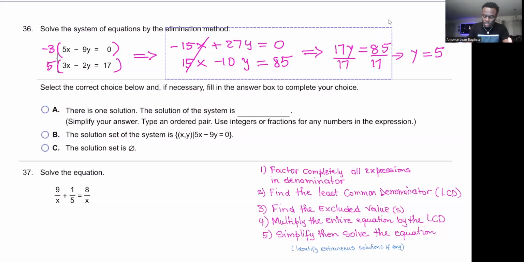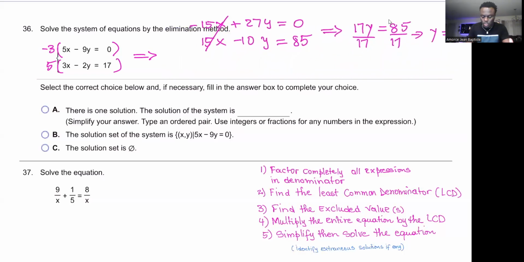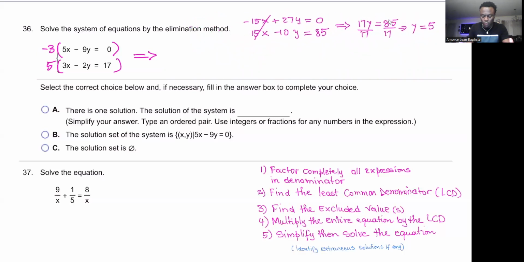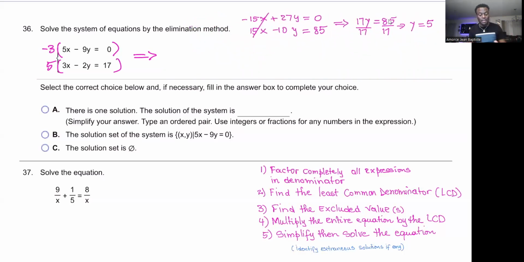So now I can do it both ways. You can find out what to multiply by to cancel y this time, or make it easy for yourself: just plug in y into one of these equations so you can find the value of x. I'm going to plug in y into the first equation.